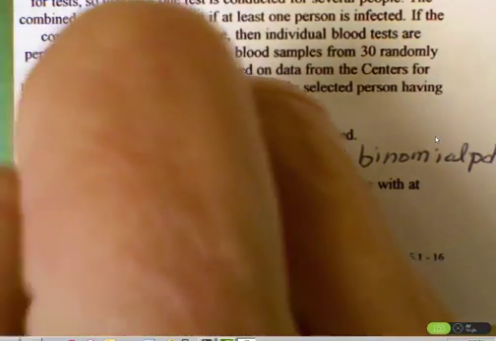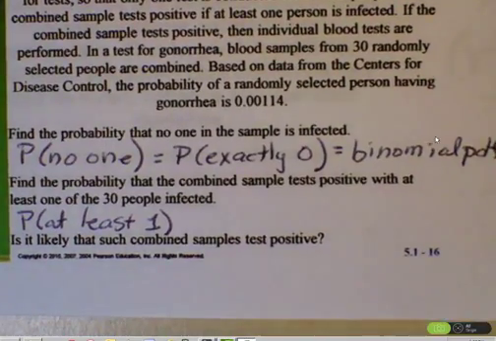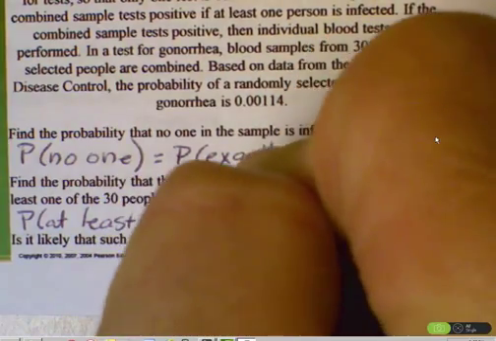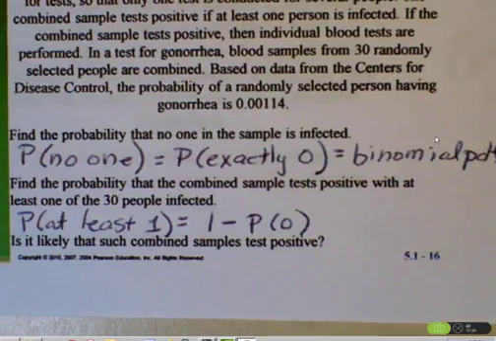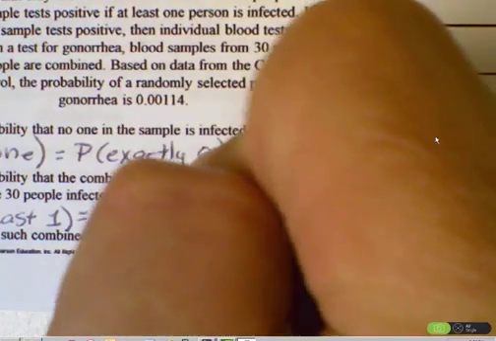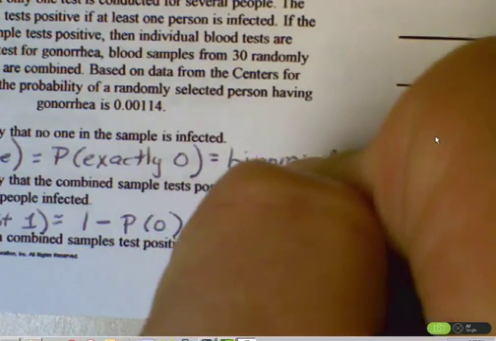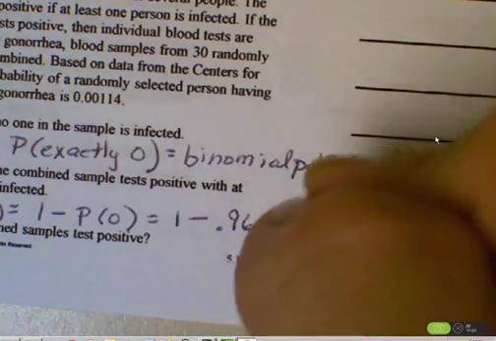of at least 1 is 1 minus the probability of 0. And we said the probability that no one, that the whole batch is negative, is 0.966.